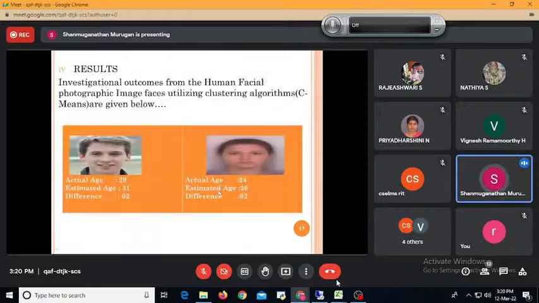And the result is the experimental outcomes for human facial photographic faces. Normally the estimated age is 31, but actually it is 29. According to this result, the actual age is 24, but based on the formula we are getting approximate results of 26.